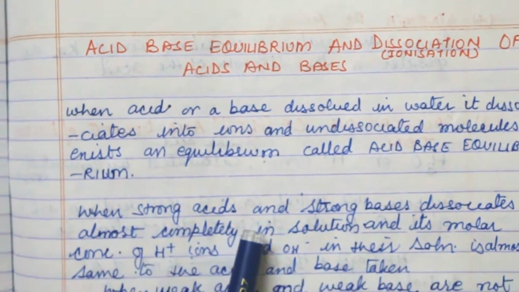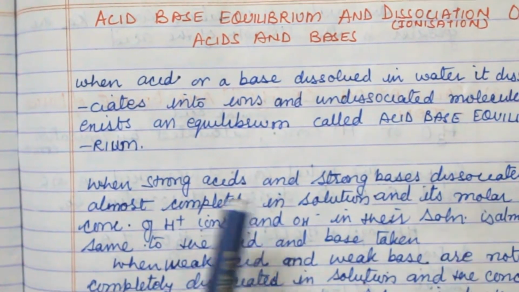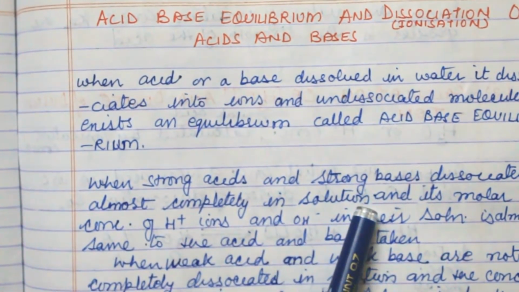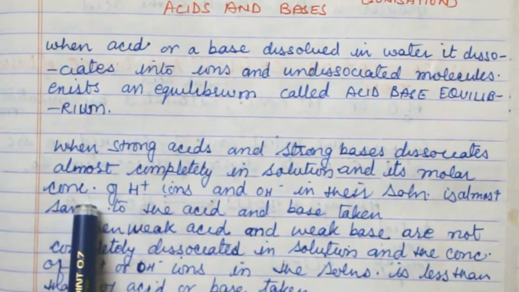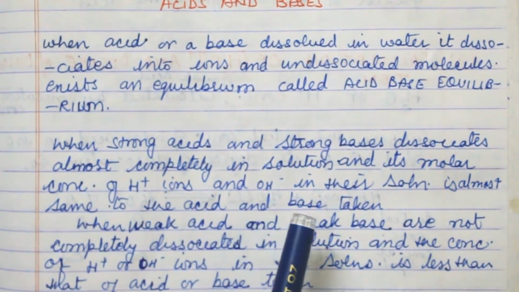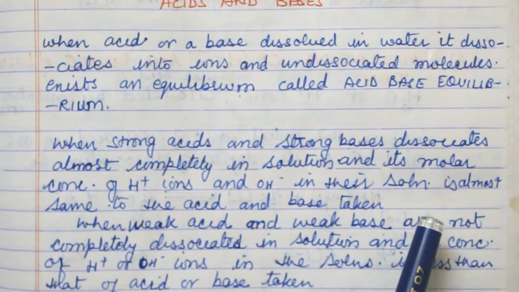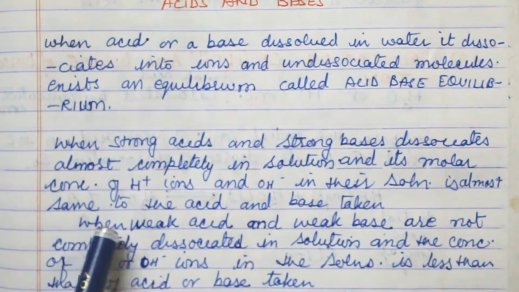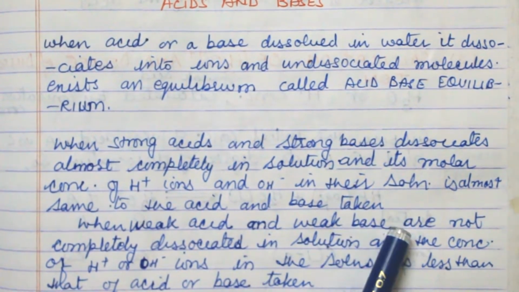When a strong acid and a strong base dissociate almost completely in solution, the molar concentration of H ion and OH ion in the solution is almost the same as the acid and the base taken.